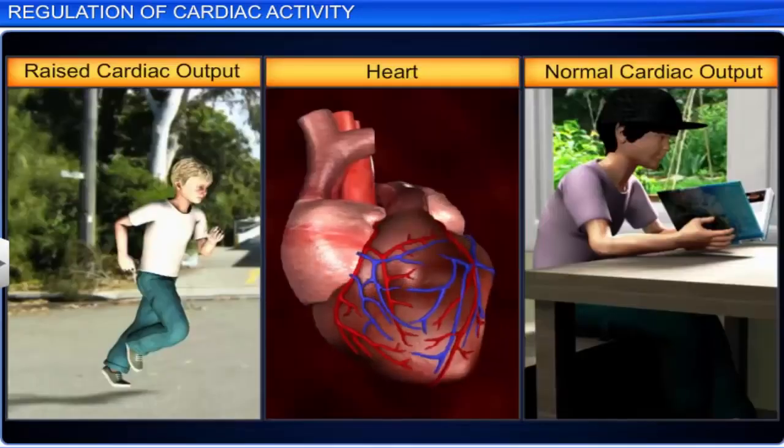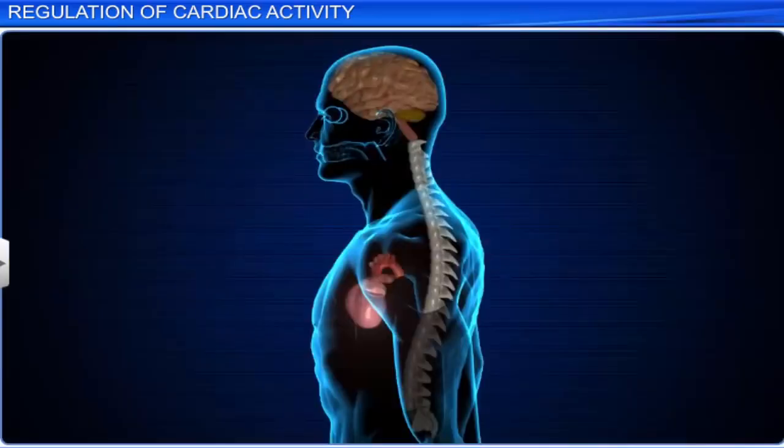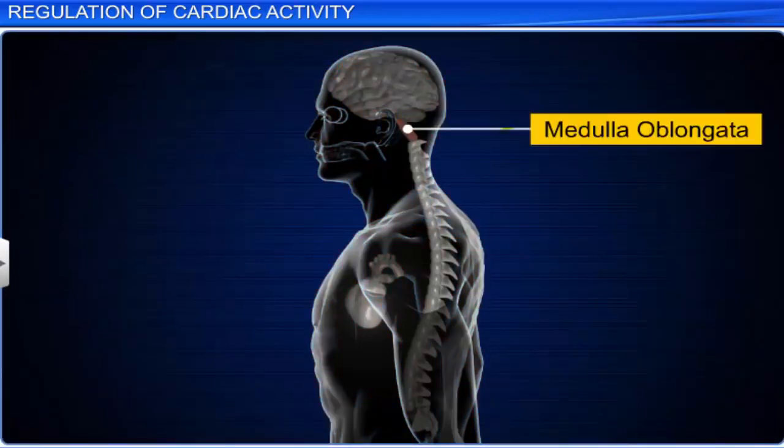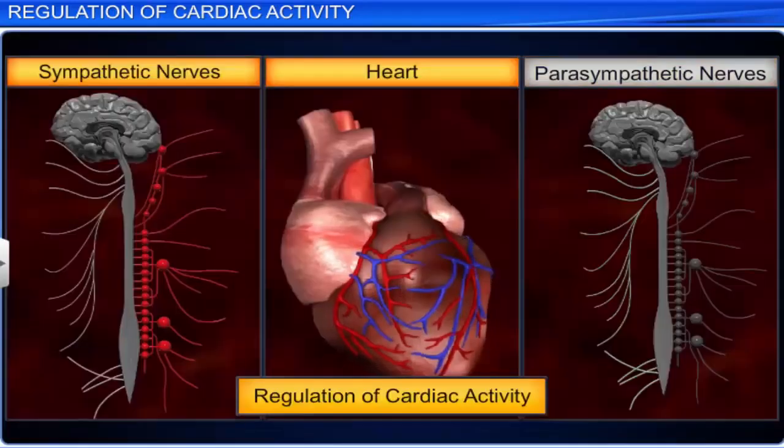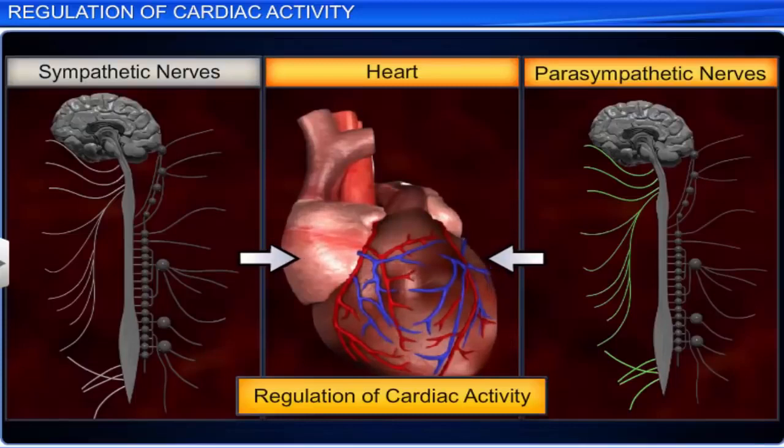Our body has the ability to increase or decrease cardiac output when required. This is because nodal tissues, which induce cardiac activity, are controlled by the medulla oblongata of the brain through sympathetic and parasympathetic nerves of the autonomous nervous system or the ANS.